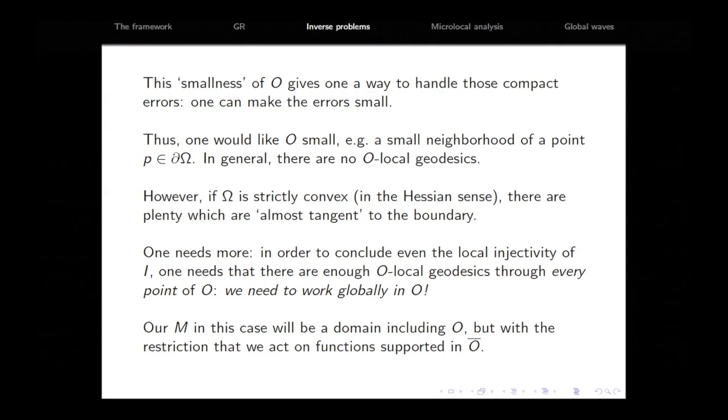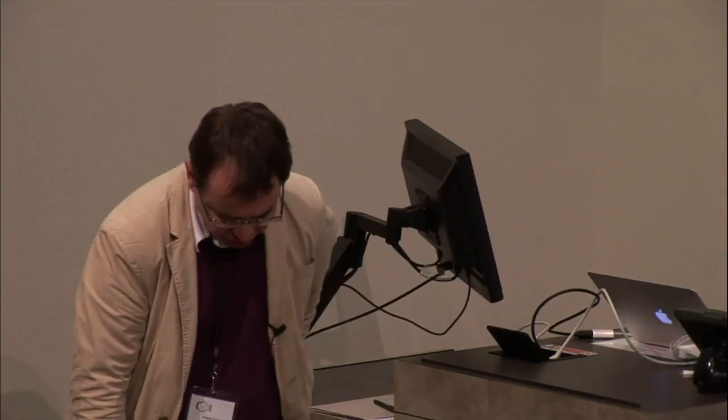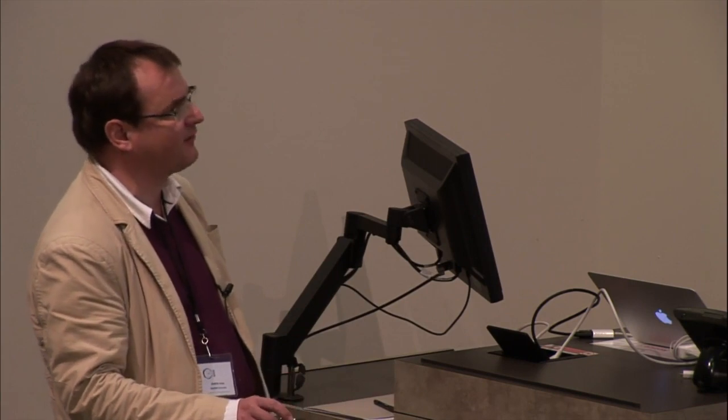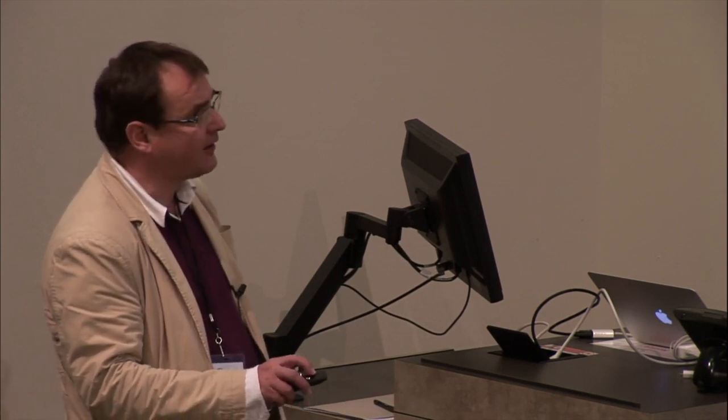So anyway, you need, of course, some underlying structure for the geodesics, because in general, why should there be geodesics that just stay in this set O?